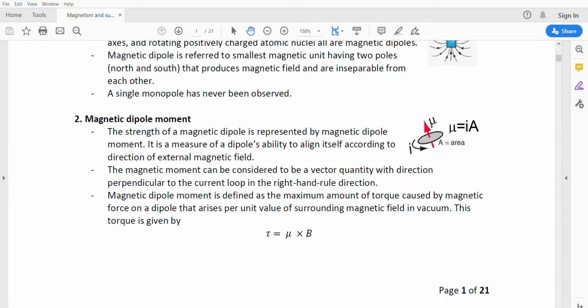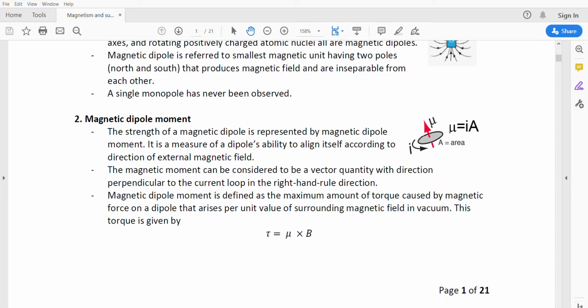The magnetic moment can be considered a vector quantity with direction perpendicular to the current loop, in the right hand rule direction. Magnetic dipole moment is defined as the maximum amount of torque caused by the magnetic force on a dipole per unit value of the surrounding magnetic field in vacuum. As we mentioned, the strength of the magnetic dipole is experienced in the external magnetic field.